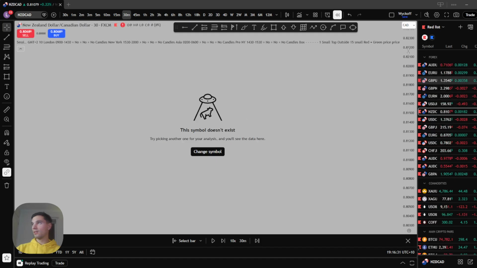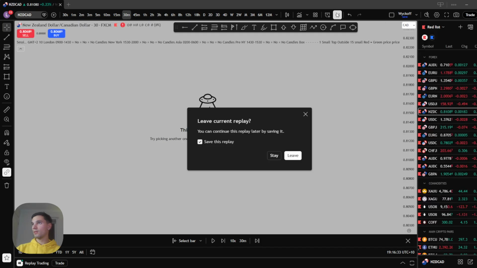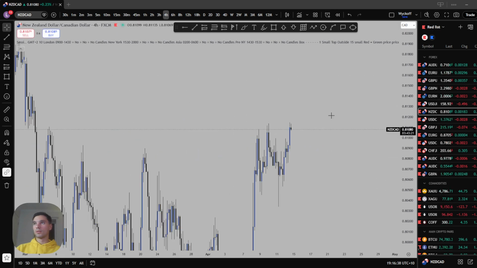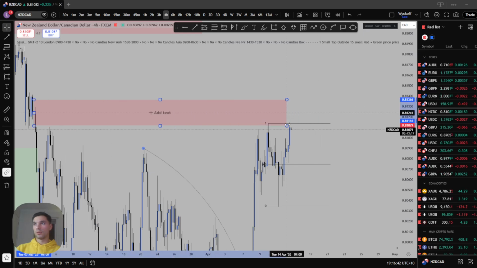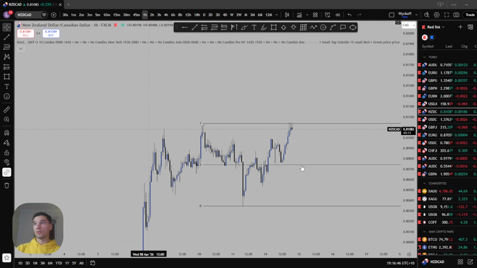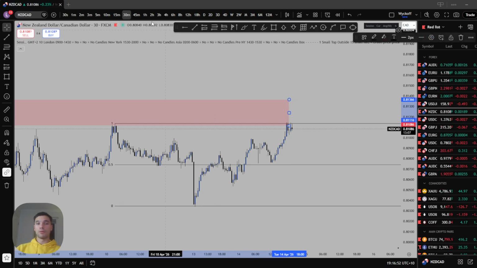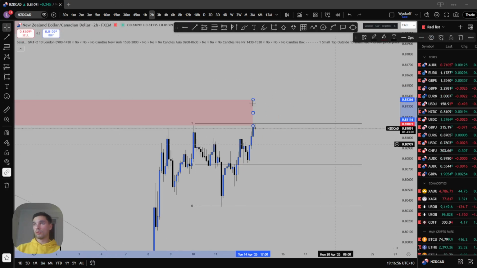What is going on here? What just happened there? I don't know. Well, we've mitigated this. Yeah, this remains our supply for NZD CAD. But I just want to be a bit more patient, see what price does.